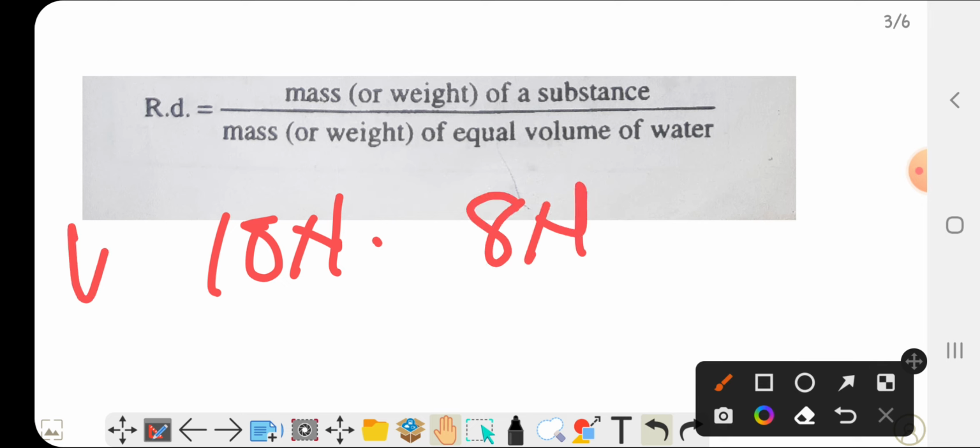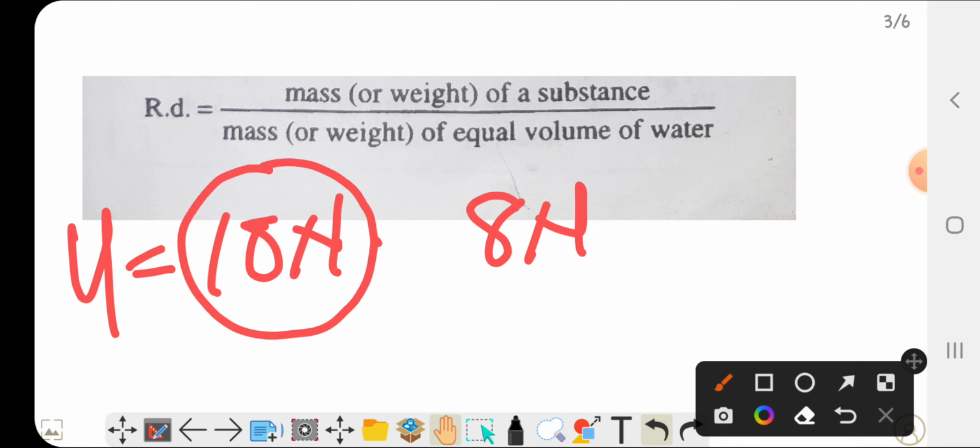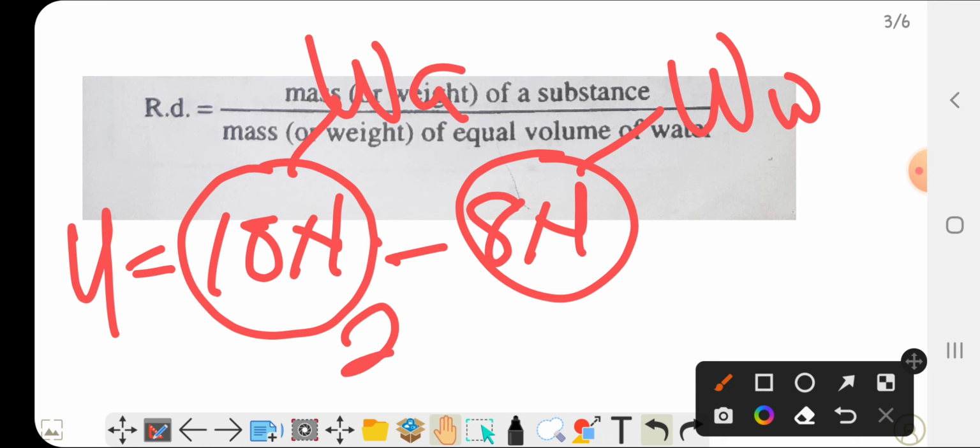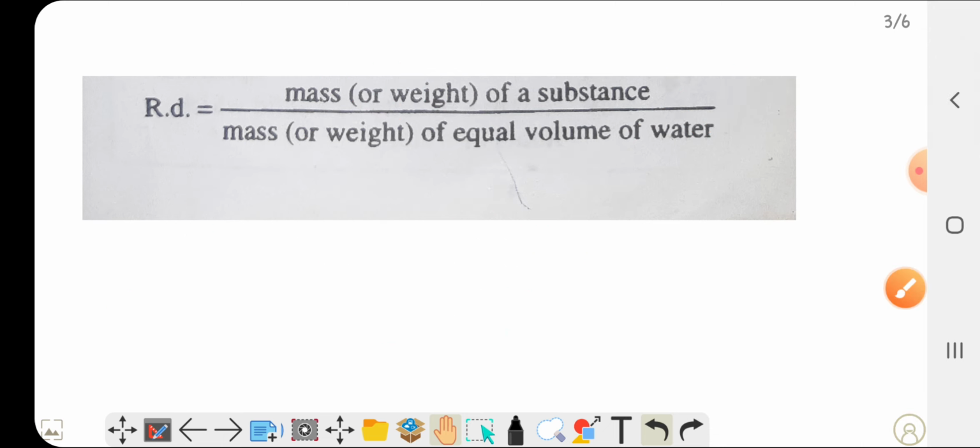The upthrust will now be equal to the weight in air minus the weight in water. So it was 10 Newton in air and 8 Newton in water, and the upthrust will now be 2 Newton. This 2 Newton is the weight of an equal volume of water. So very easy. We have a question that we could use this formula to solve. Let's go to the question immediately.